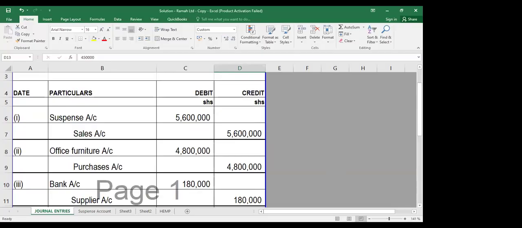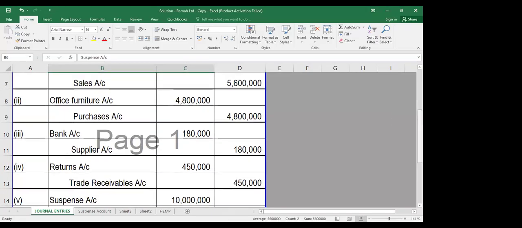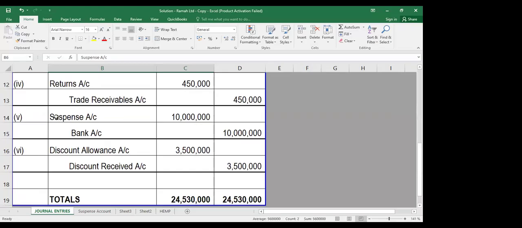So when we are preparing our suspense account, please look at this. The suspense account is only going to be with what is with the suspense account in your journal entries. These two.